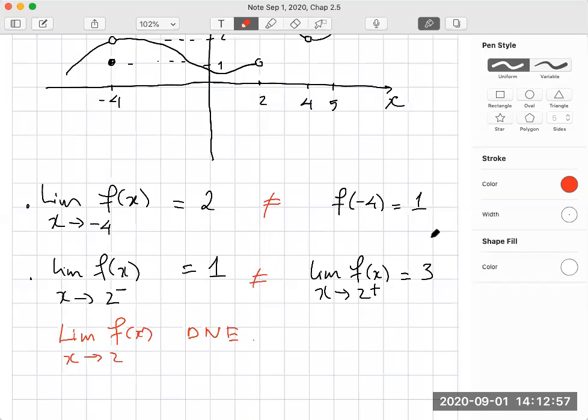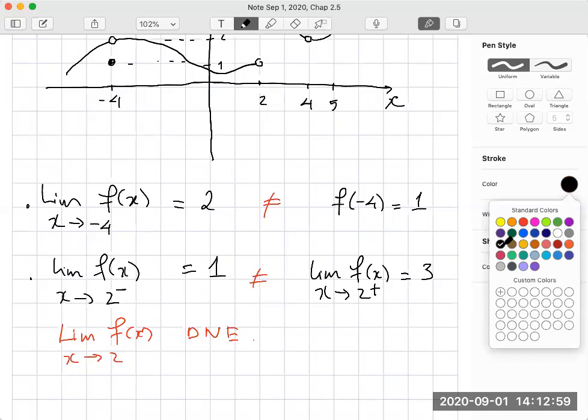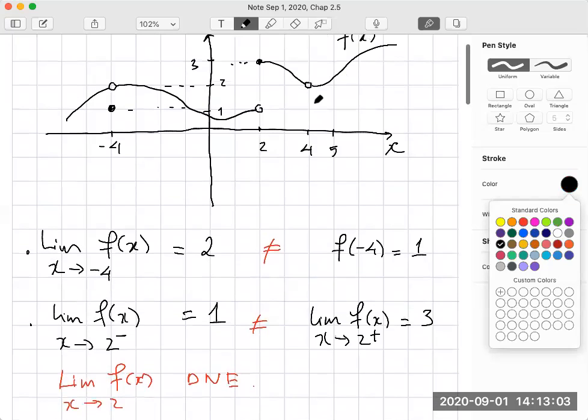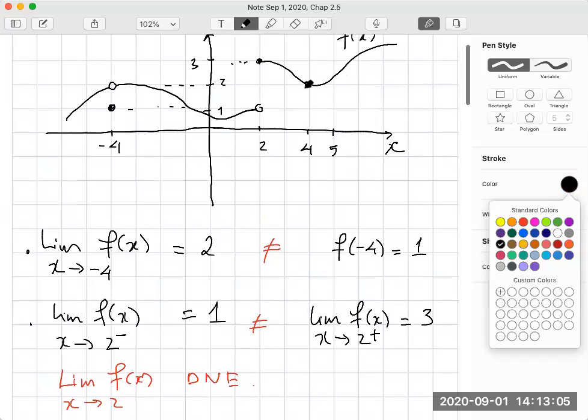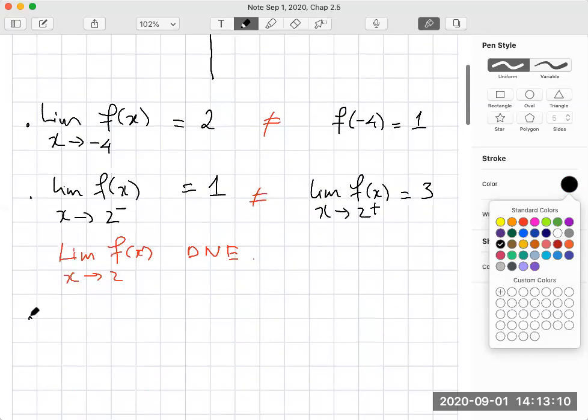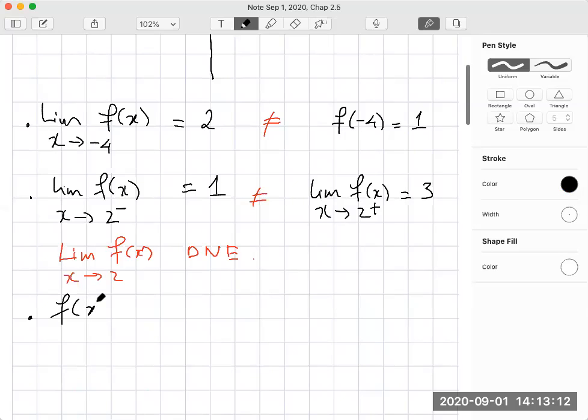So how about the value of the function f of x at 4? It's not defined. Yeah, this is the hole right here. So f of 4 is not defined.